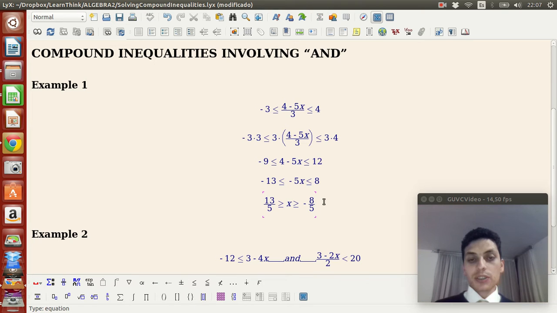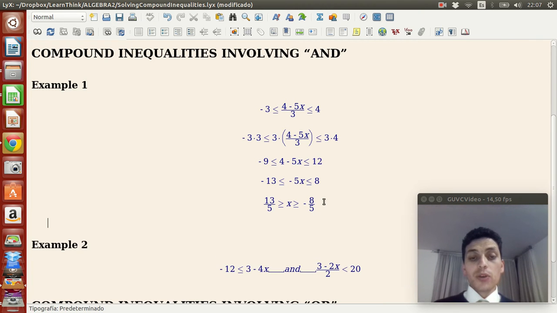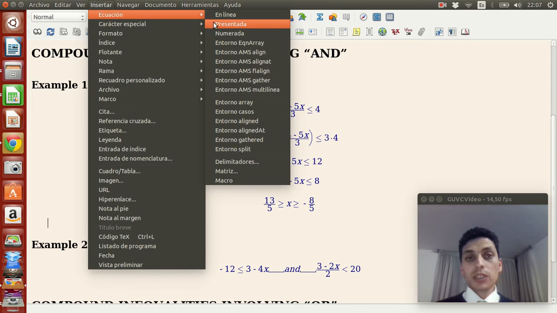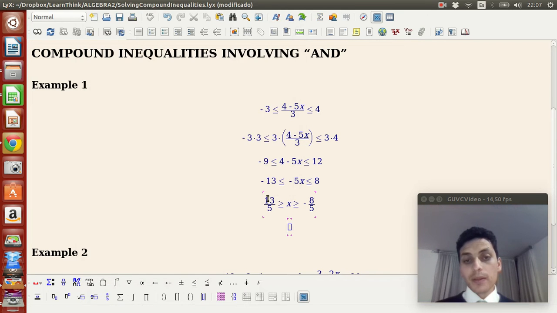And if you want to write the answer using intervals, you can notice that the interval here is a closed interval because you have equals to, and x is greater than or equal to minus 8 fifths.